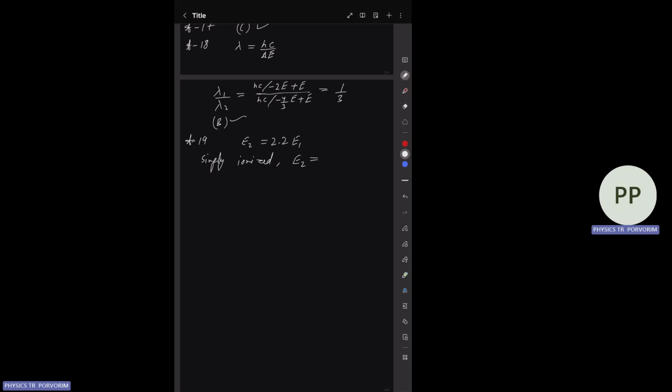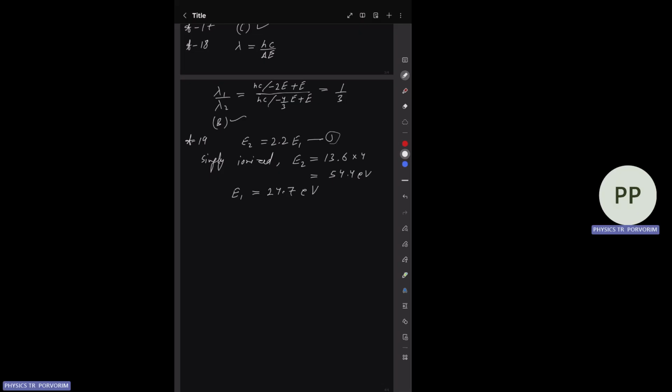So singly ionized helium is a hydrogen-like atom, so we can calculate the energy by 13.6 Z by n whole square. Z is 2, square is 4, and in the ground state n is 1, so it will be 54.4 electron volt. If we put the value of E2 in the first equation, we get E1 approximately 24.7 electron volt.